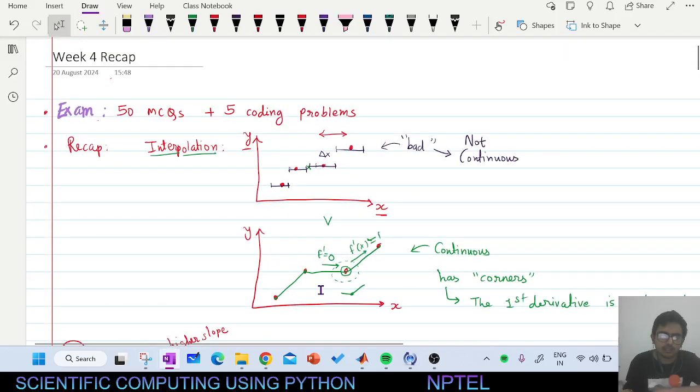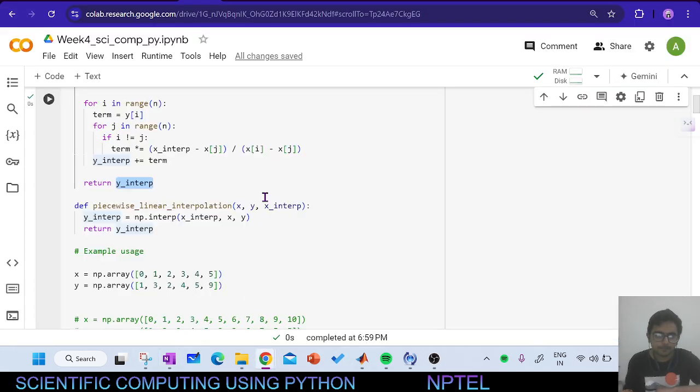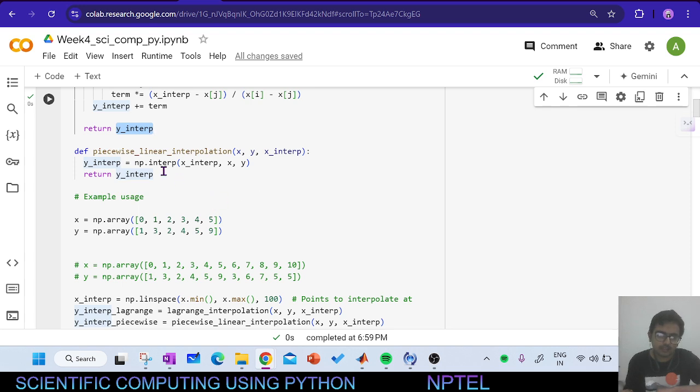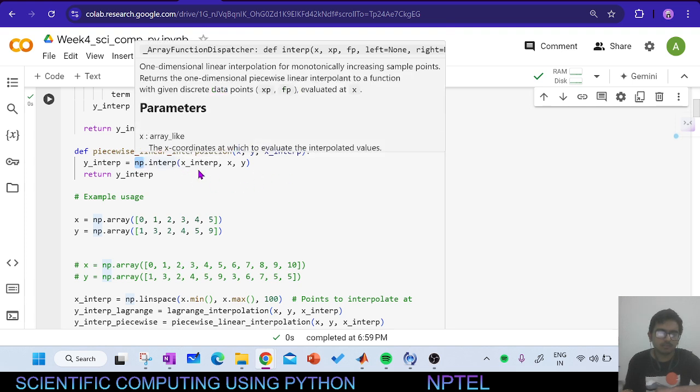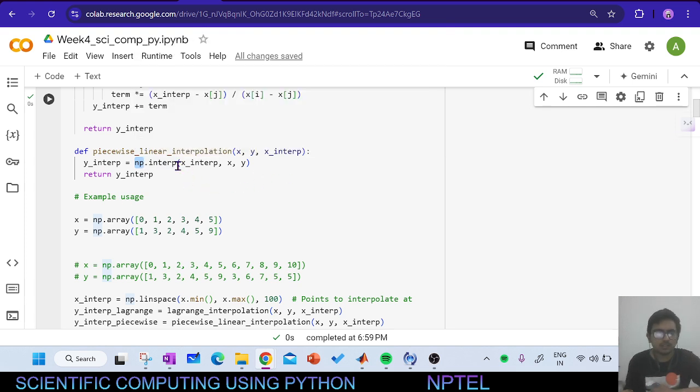So you take consecutive pairs and make a straight line from that. And that is something that is inbuilt in NumPy. So np.interp will give you the function, and the arguments are going to be x_interp, x and y.